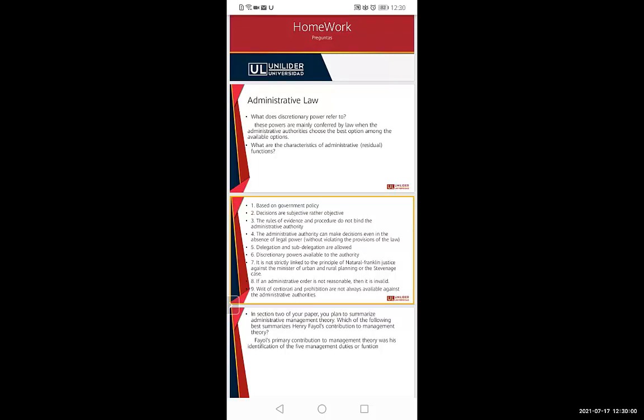Discretion requires attention to issues of competence, form, and purpose of the acts. Naturally, there is a penalty for failure to comply with these requirements.